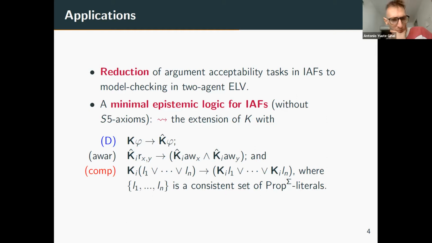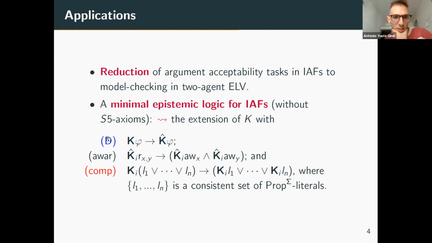We say that it is minimal because the epistemic logic of visibility satisfies S5 axioms, and this is not assumed in incomplete AFs. So the logic that we found as the minimal epistemic logic for incomplete AFs is basically the extension of the modal system K with these three axioms.